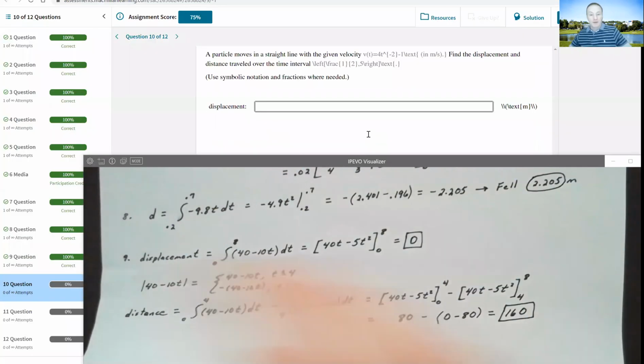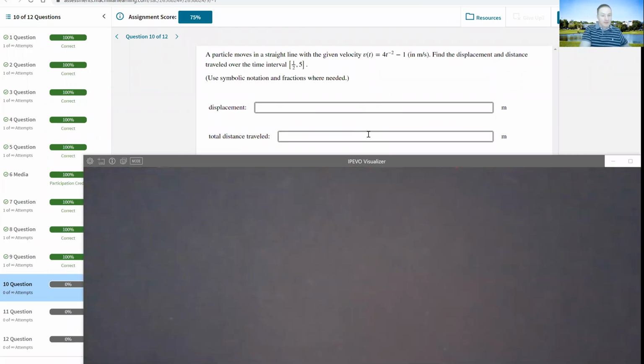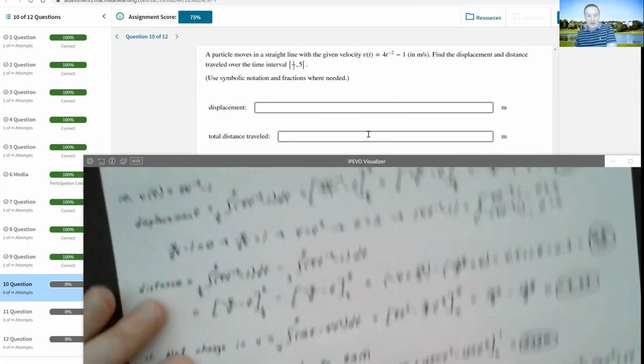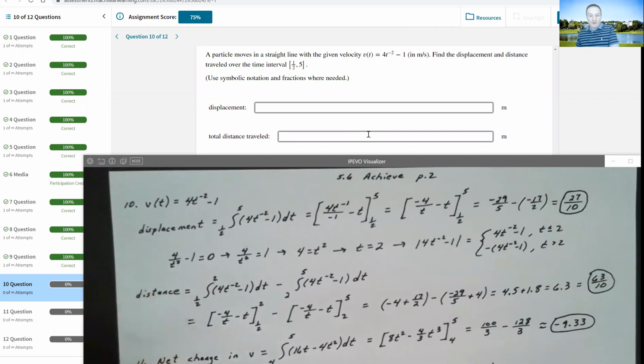For the next one here, number 10, we have our velocity function given, 4t to the negative 2 power minus 1. And yet again, just like the last problem, it's wanting us to find the displacement of a particle, this time on the interval from 1/2 second to 5 seconds.